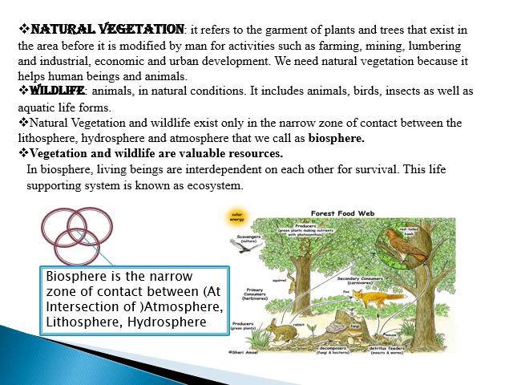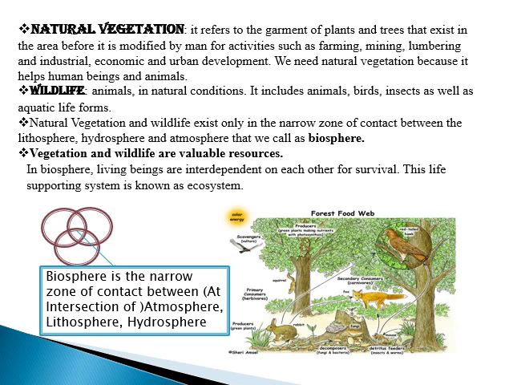So natural vegetation and wildlife will exist only in the narrow zone of contact between three elements which are present in nature. Those three are atmosphere, which is air, right? Atmosphere is the air cover around us. Lithosphere is the land or the rocks, the earth crust.